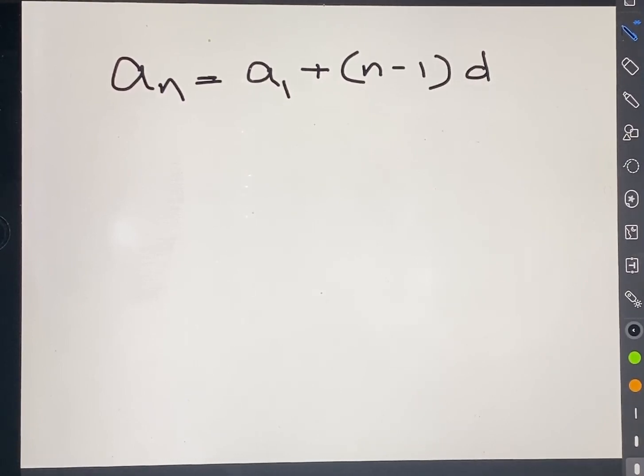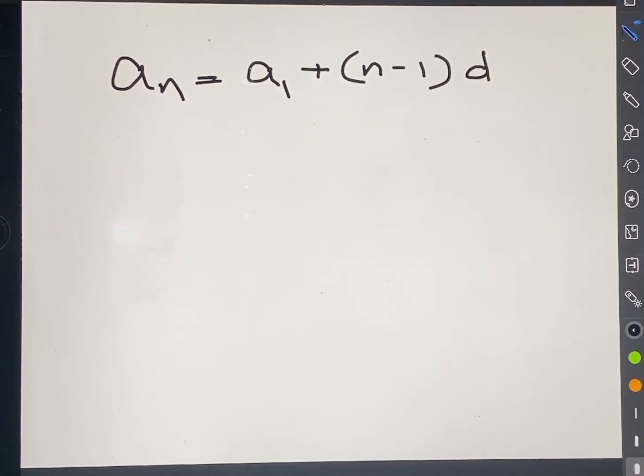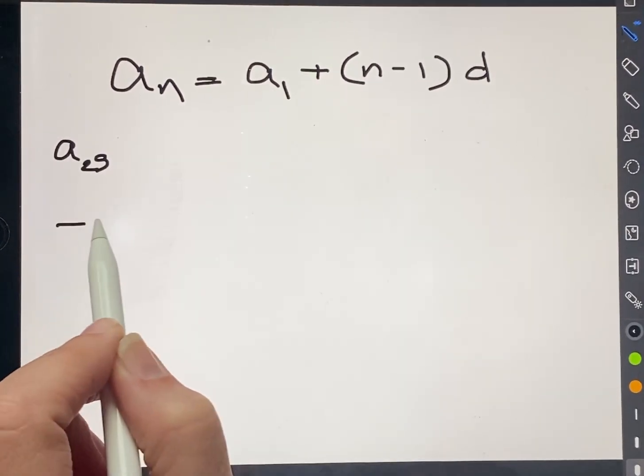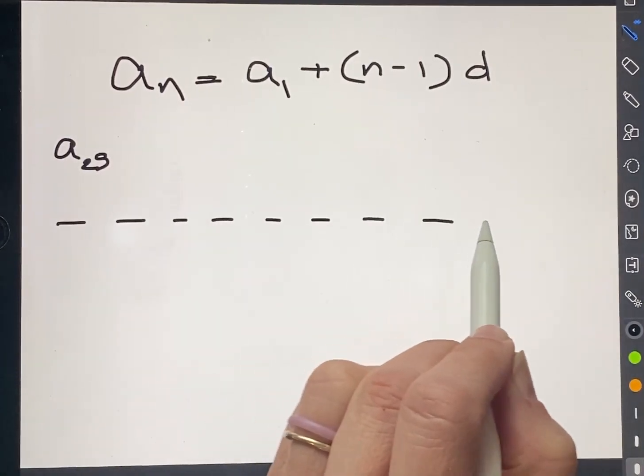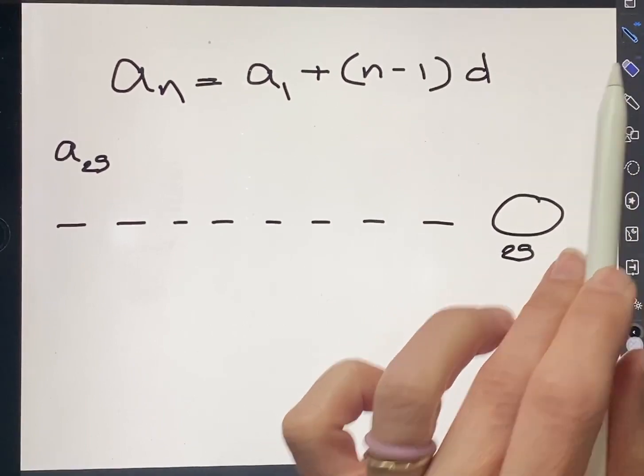Now, what they have given is a list of numbers already, and then they are asking for what is the rule and what is the value of the 25th term in the sequence. They write it as A25. That means if you were to write out all of your numbers, you are finding the 25th value.